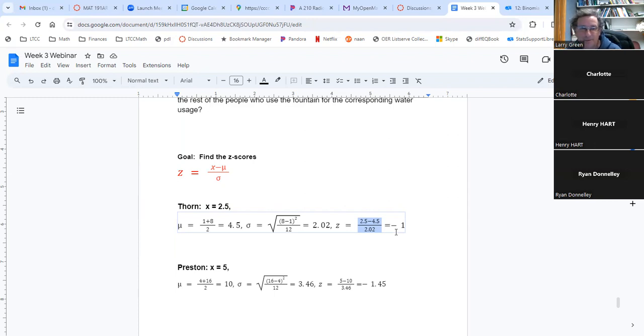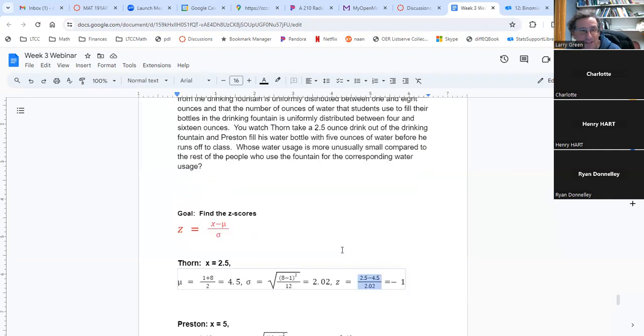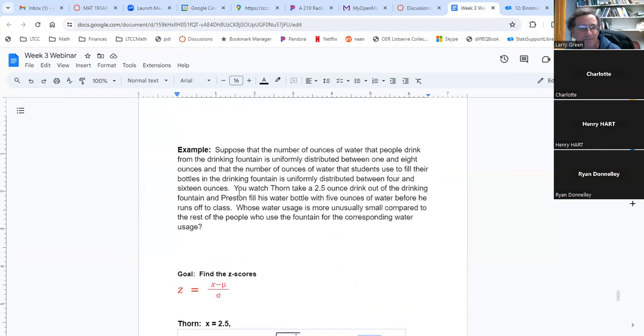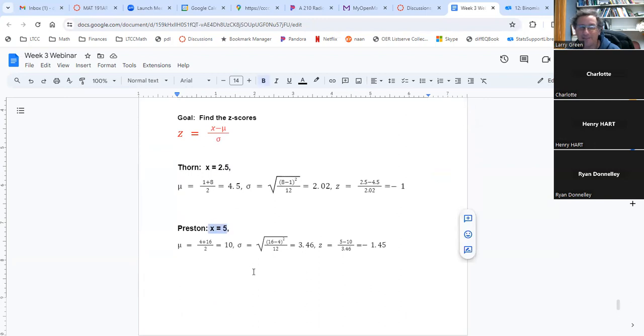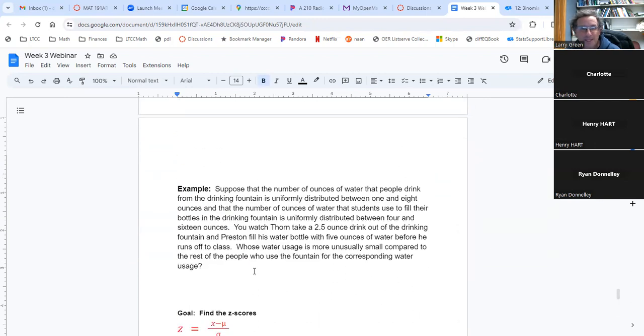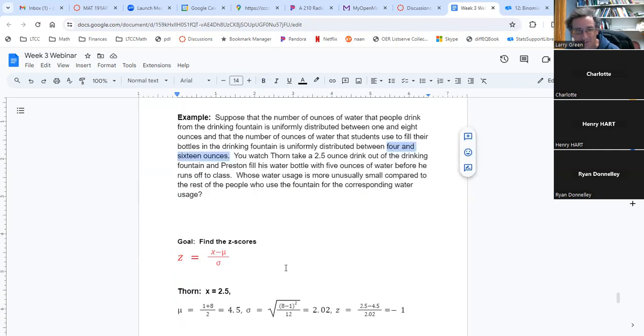Got it? Okay. Preston, on the other hand, filled his water bottle with 5 ounces. So for Preston, X was 5. Now for the water bottle, we can see that it was uniformly distributed between 4 and 16 ounces.